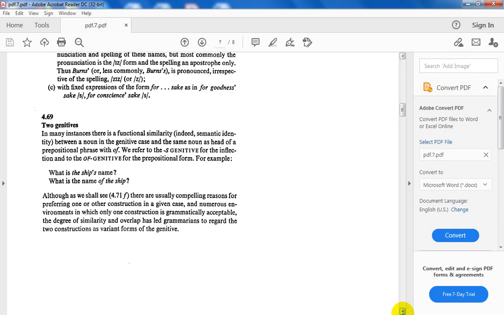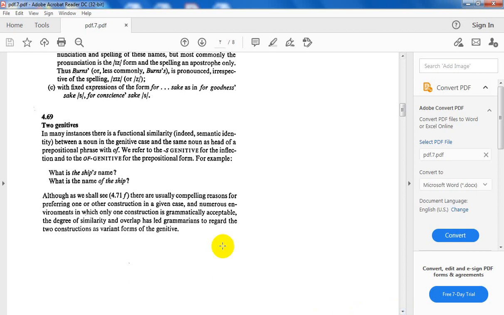And the of genitive is called the prepositional form. So if I want to ask what are the two cases of noun, you should say it is S genitive and of genitive. I can call S genitive what? Inflectional. And the of genitive is called prepositional.